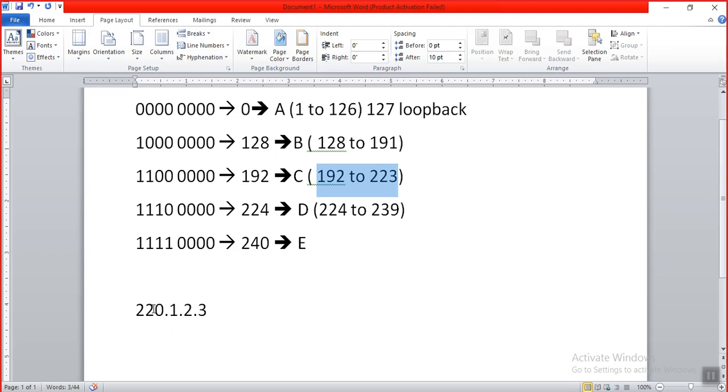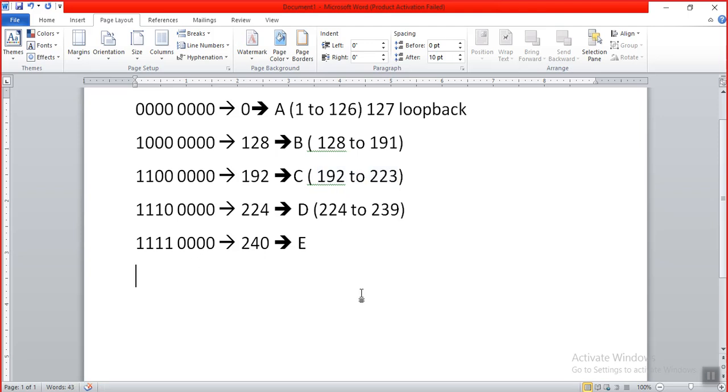If I mention one IP address starting with 130 dot something, it should be class B, because class B is 128 to 191. If I mention 190 dot something, it is also class B, because class B is up to 191. So this is class A, this is class B and this is class C, the first octet range.